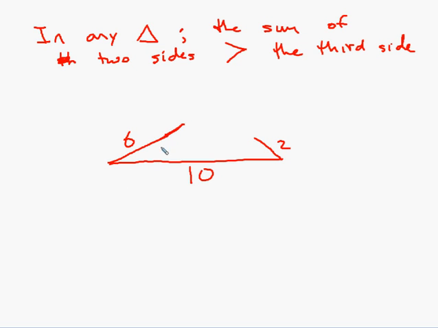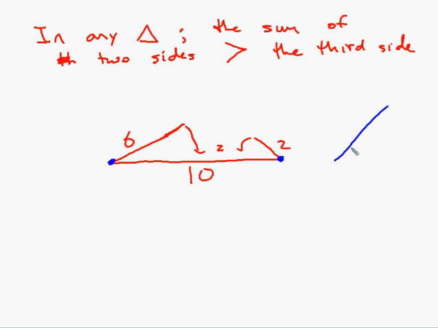Now, given I don't have rulers or anything right here to show you, but do you see that for this side 6 and this side 2 to actually meet, they'd have to be longer than 10? If I were to try to get these to meet, I would have to rotate them down, and then I'd have a space of 2 units in between them. Does that make sense? As in, pretend this is on a hinge, and I'm asking you, is this a triangle?